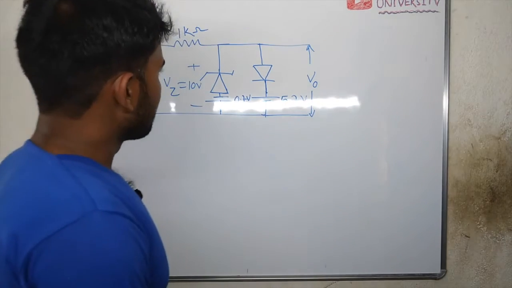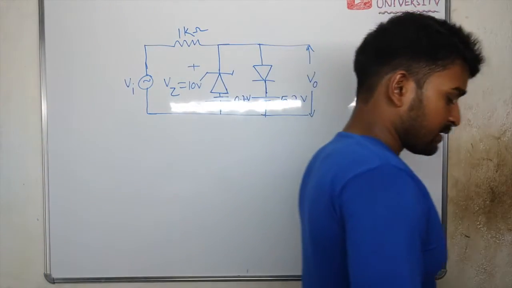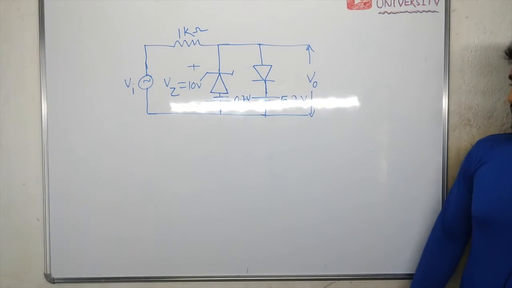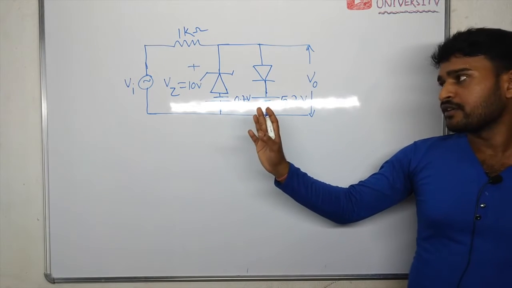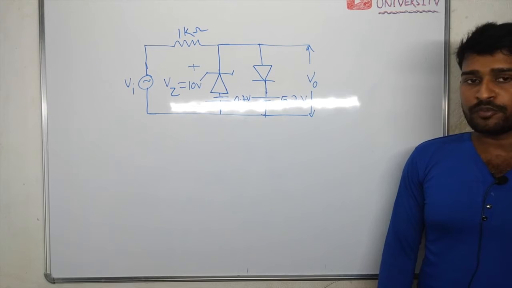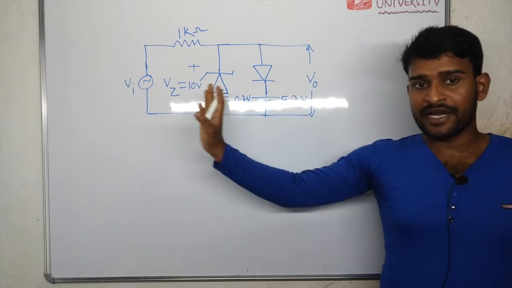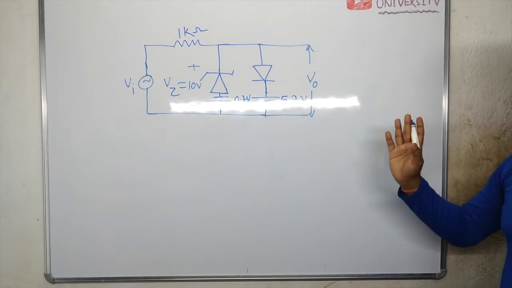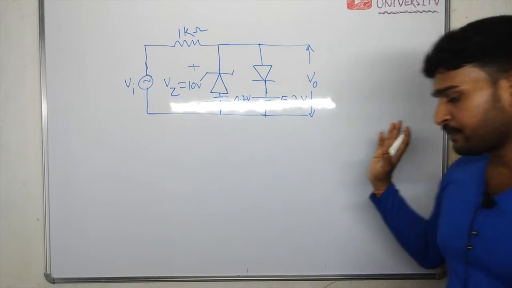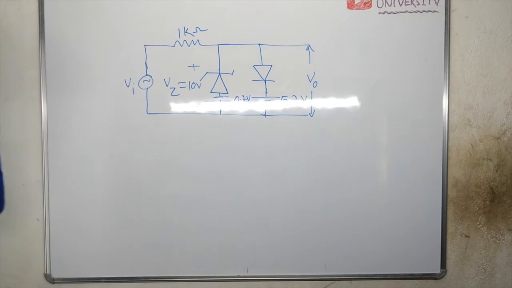Now I said that if you are asked to plot the transfer characteristics and the input waveform is not given, you need to consider all possible values of input. Means you need to consider the entire negative axis and the entire positive axis.